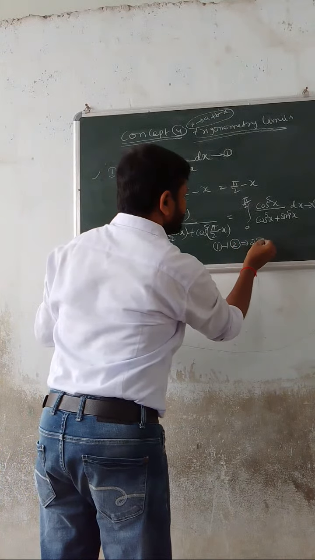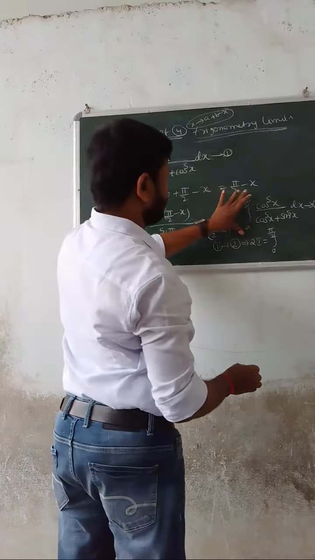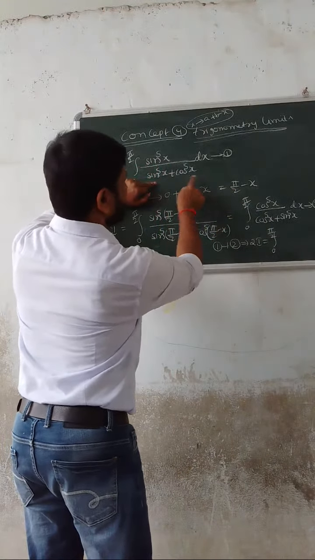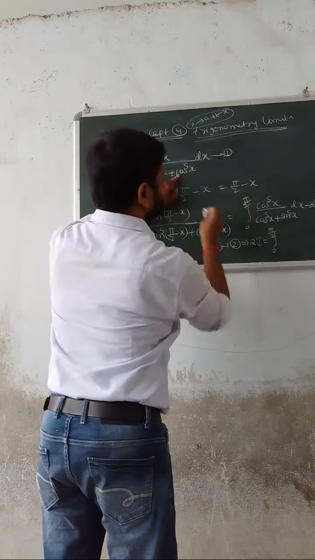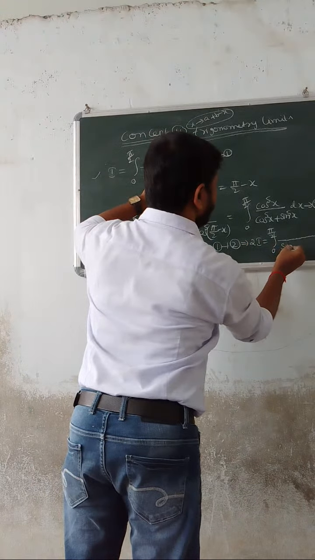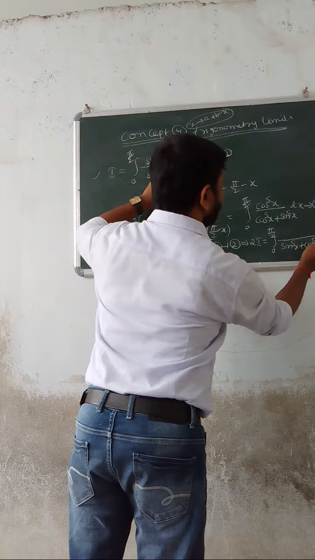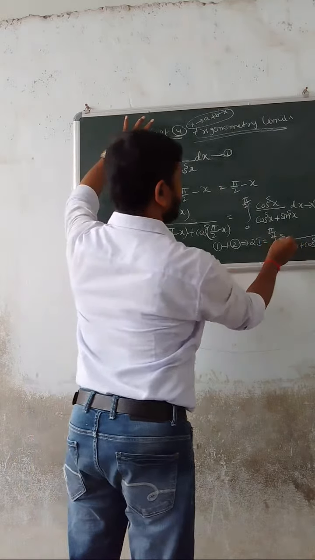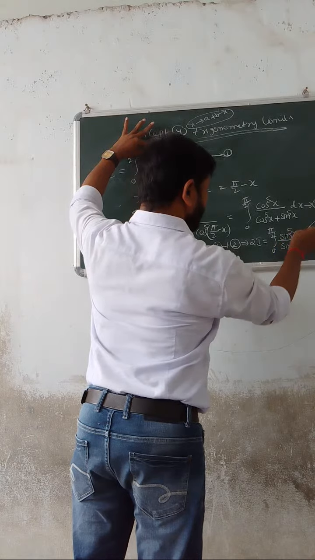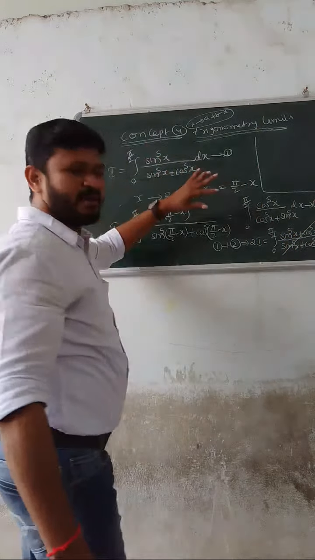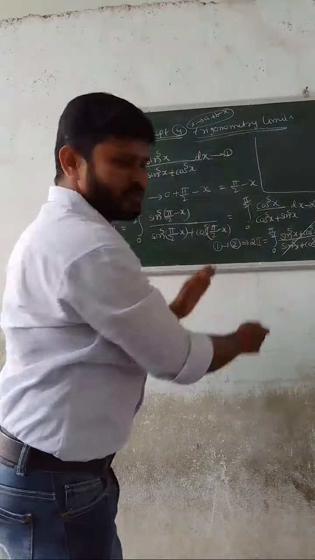The limits are the same, 0 to pi by 2, and both have the same denominators, sin power 5x plus cos power 5x. The numerators are sin power 5 here and cos power 5 there. Please observe, already I told you about the scarcity of space due to a small board, so I have to cut these questions.